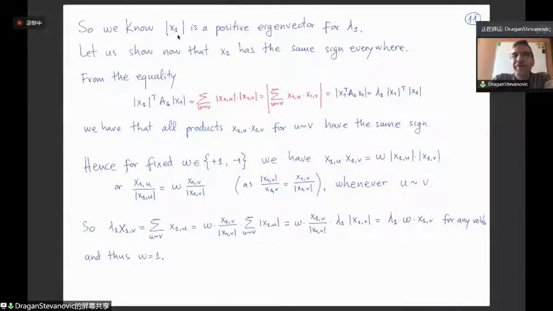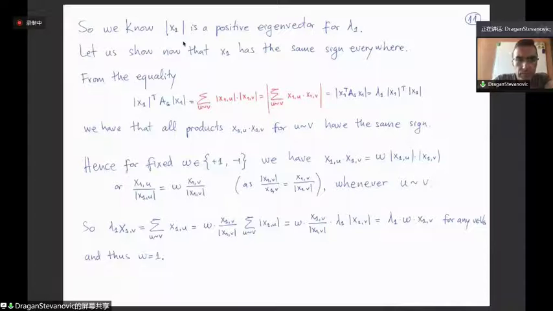So what we know so far is that the absolute of x1 is a positive eigenvector for lambda 1. Now, we started with x1, which is an ordinary eigenvector for lambda 1. We create the absolute of x1 and show that it is a positive eigenvector. But we still have to show that lambda 1 is simple, which means that there will be no other eigenvectors but multiples of the absolute of x1.